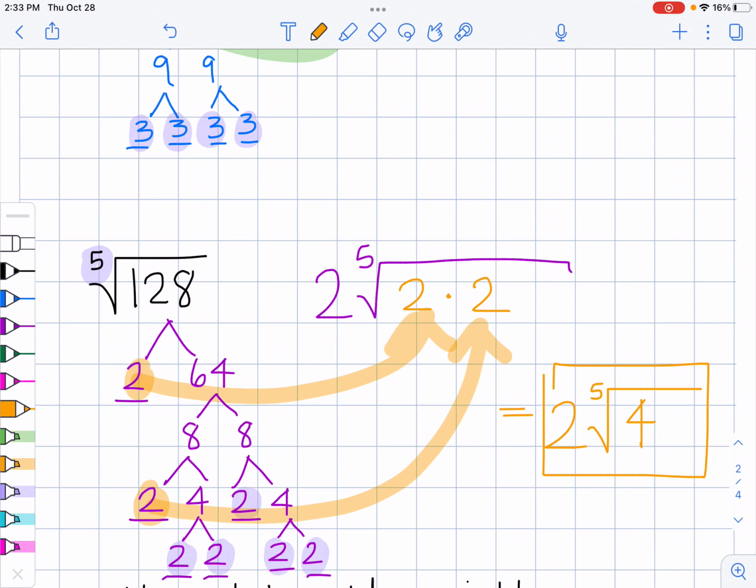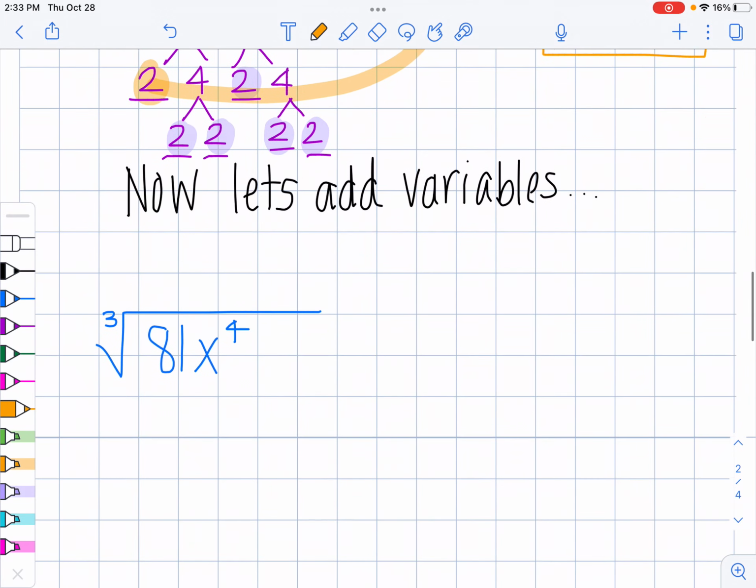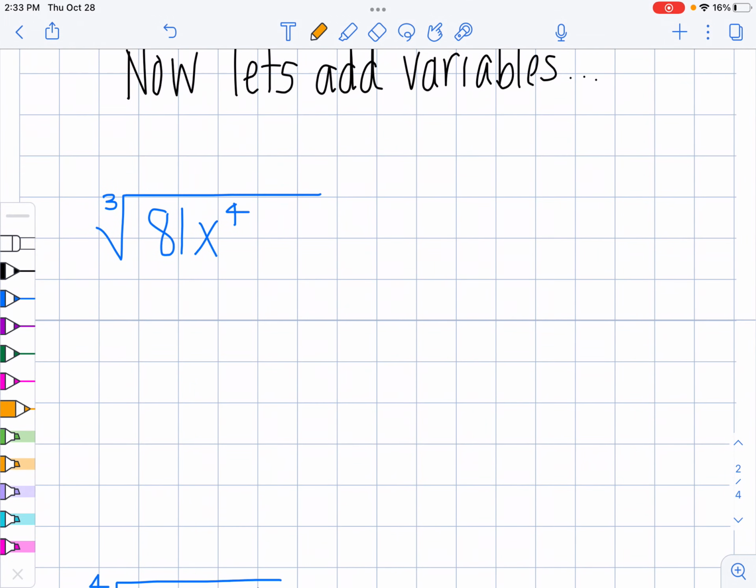Okay? Now let's add some variables. The concept remains the same. So what you're going to do is break down each base. So first I'm going to break down 81. 81 multiplies to 9 times 9, and 9 is the same as 3 times 3, and 9 is the same as 3 times 3. Then I have to break down my variable. X to the 4th is x times x times x times x.